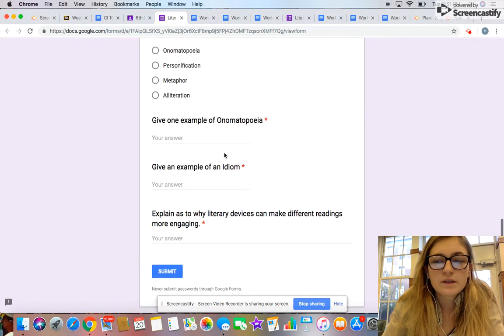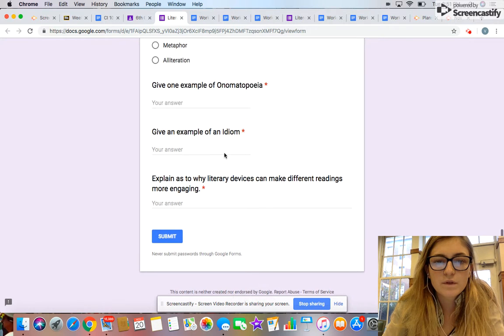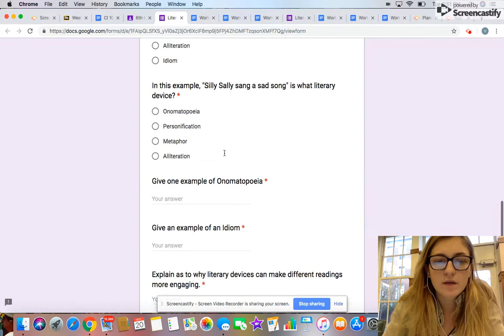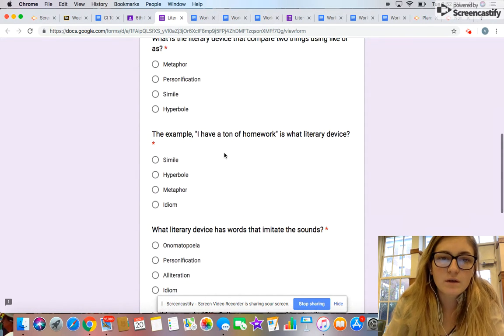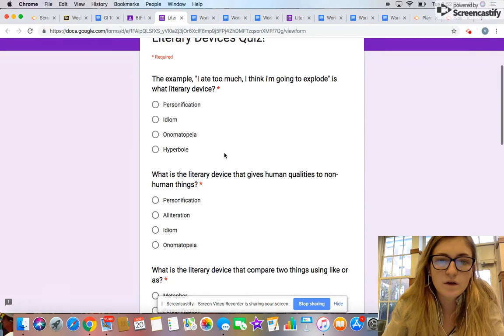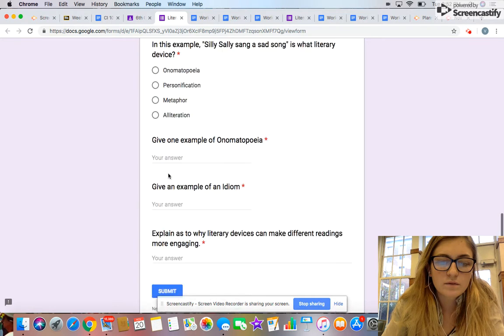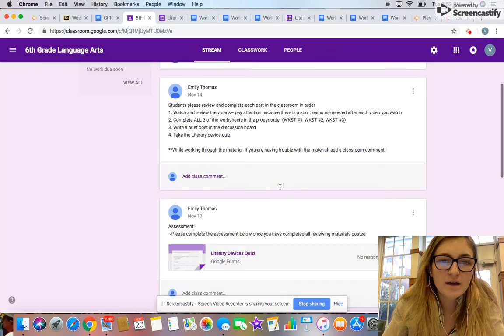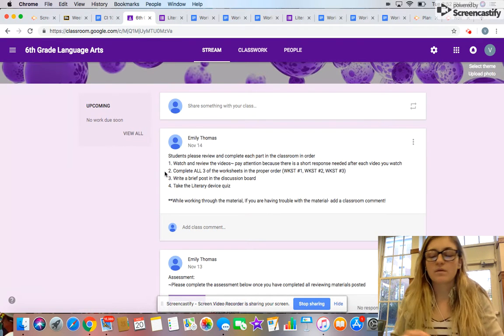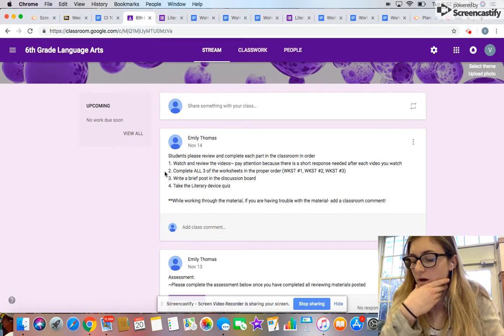But they should definitely be able, from going through the remediation, to know what exactly the answers are. And then if we go back, the directions are at the top. So that's kind of what we decided to do.